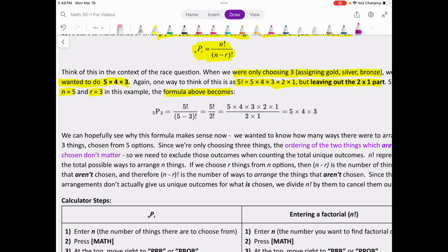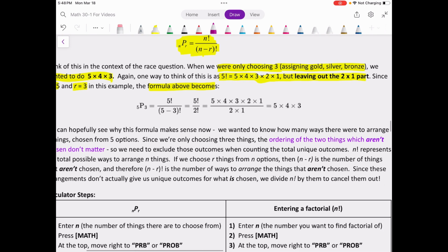And do we care about the order of the things that are not being selected? No, we don't. Right? So there's 5 factorial ways to arrange 5 things, but we're not arranging all 5 of them. We're only choosing 3 of them to actually arrange. And so we don't care about how many ways there are to arrange the 2 things that are not being chosen. That's exactly what we said before, right? We don't care about who comes in 4th and who comes in 5th. If we switch those around, it doesn't give us a different outcome.